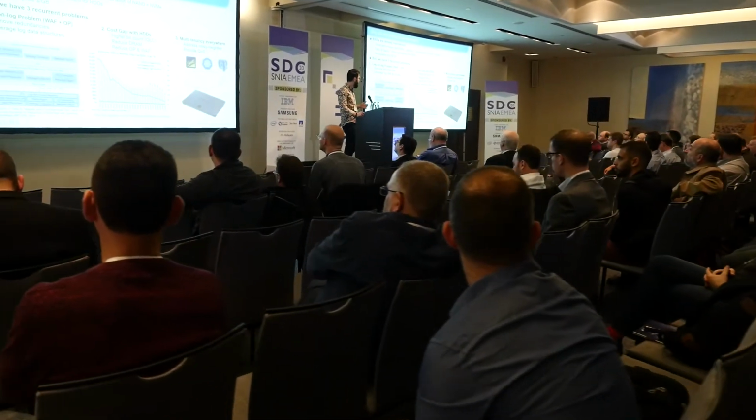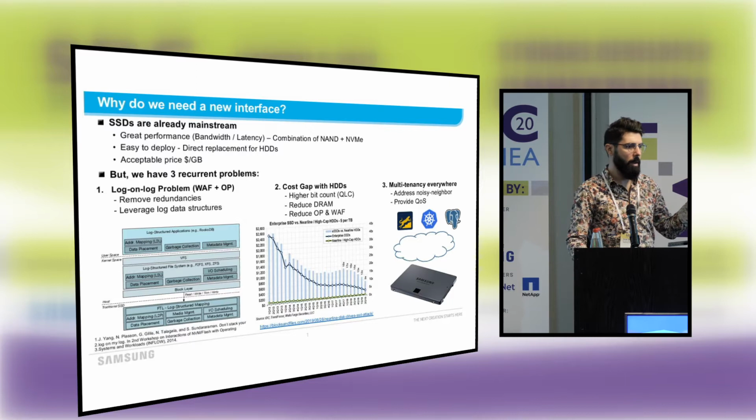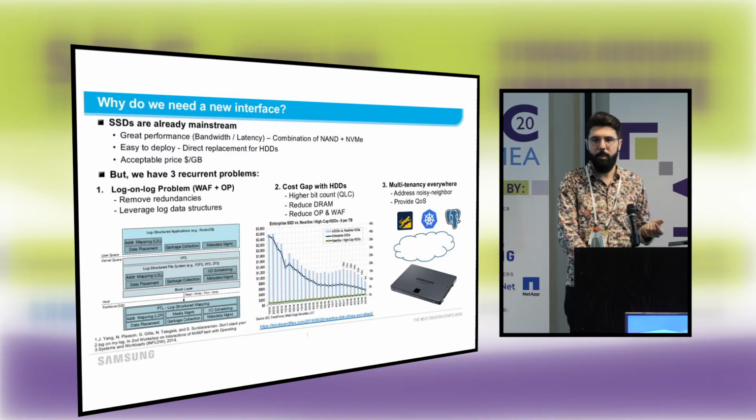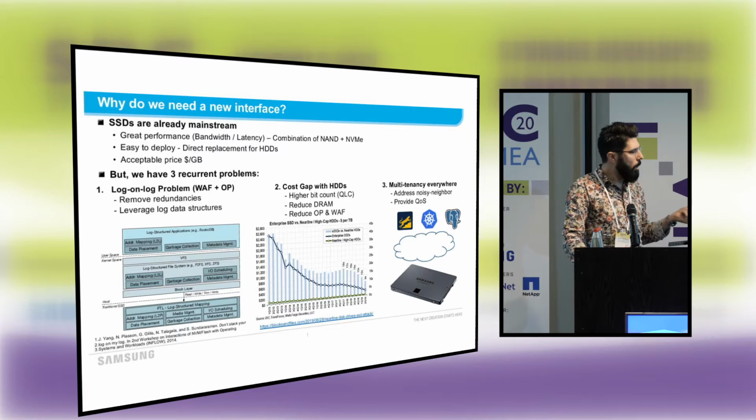The second thing is that there has been a huge cost gap between HDDs and SSDs. It's lower today, but it's still significant, so that people would not hop all the way into NAND. Everyone who wants to adopt flash and differentiate themselves tries to minimize cost as much as we can.